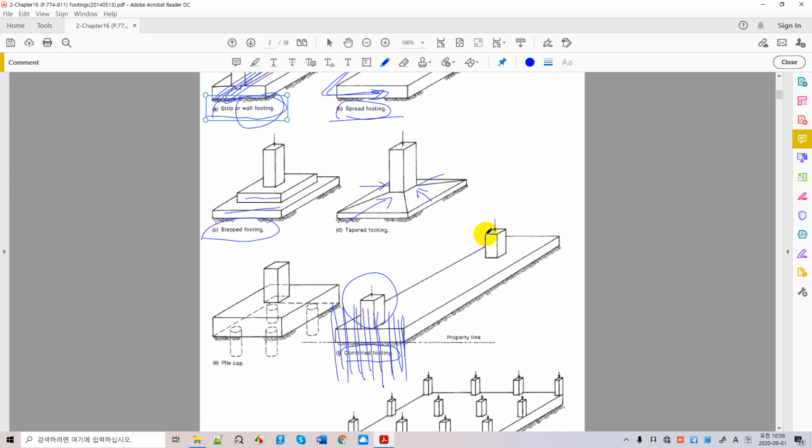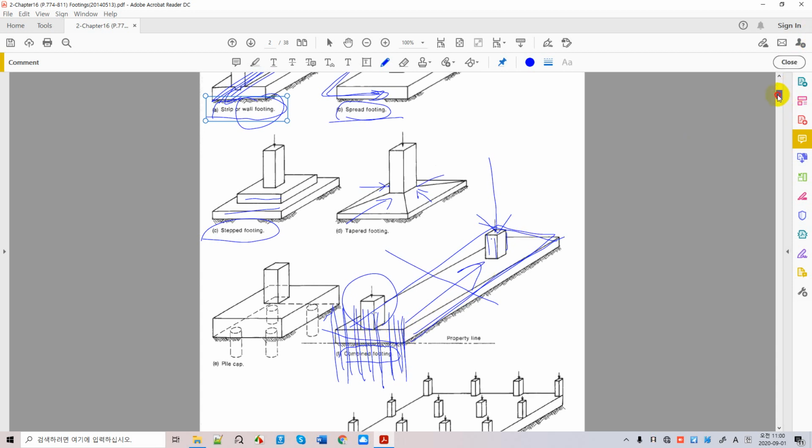We have another column right there with a big loading, so we try to balance these two foundations. We have a type of continuous moment situation there, so you can balance these two columns by extending your foundation in the direction opposite the property line.